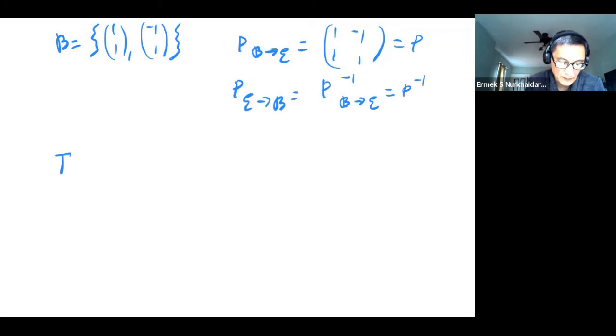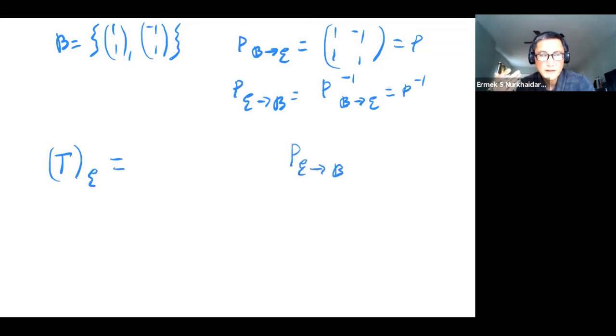And now the transformation T, if we want to write it in base E: we start with base E, so we want to switch from E to B. So we switch into base B. Then now we are working in base B, so we're working in language B. So now we can find the transformation T in that base B. So now we're in base B, and we already did the transformation, and now we have to go back to the original base.